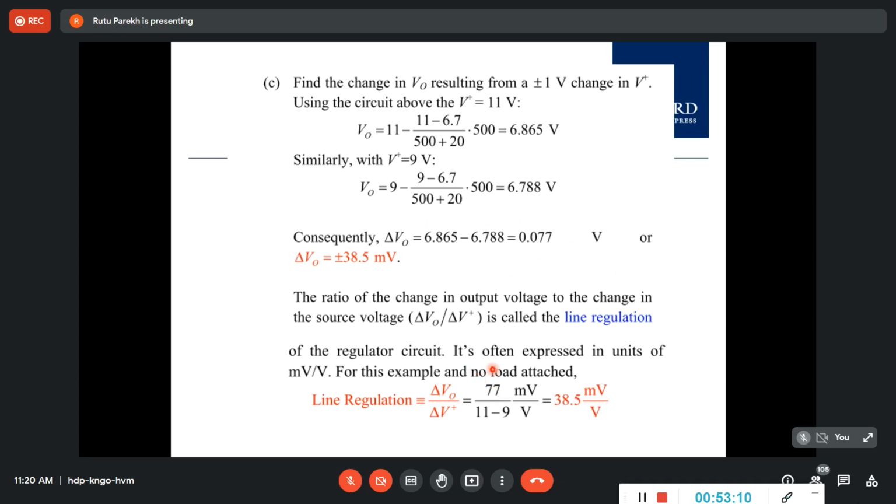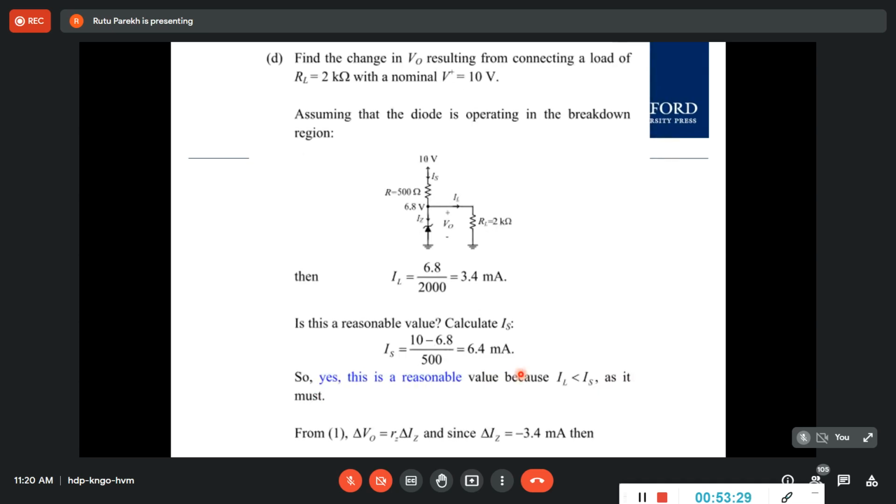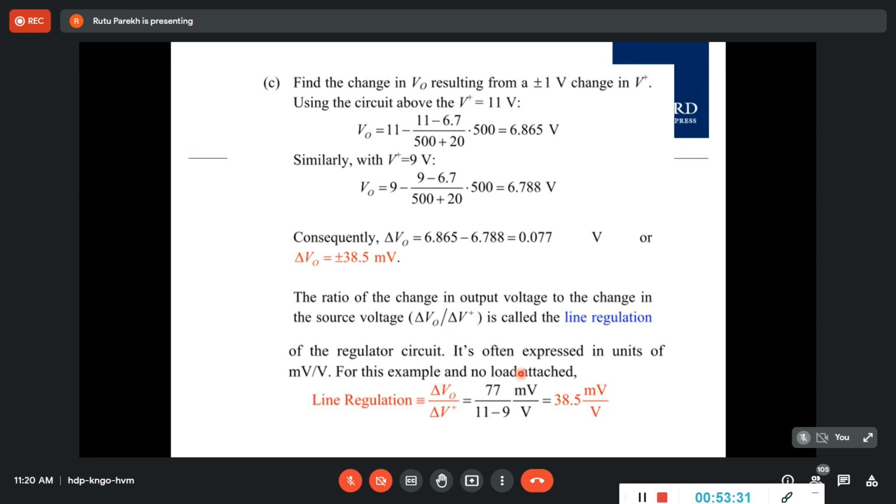If the supply goes from 9 to 11, the output will change by just 77 millivolt. That's what it means in simple way. Okay, is that clear?